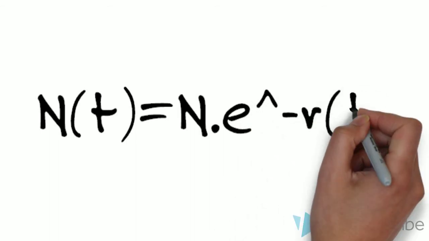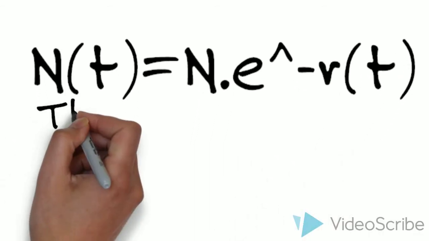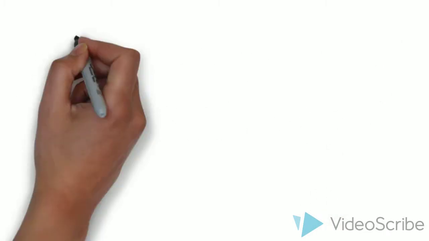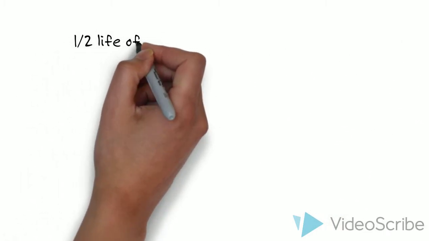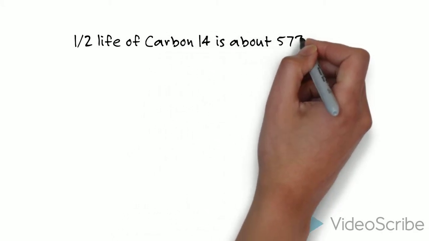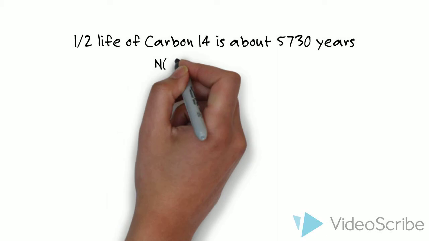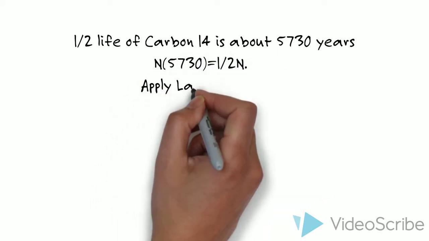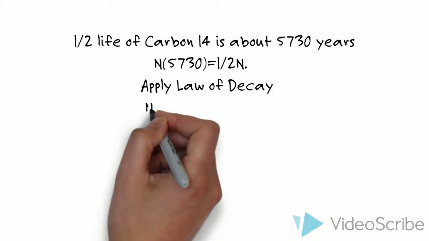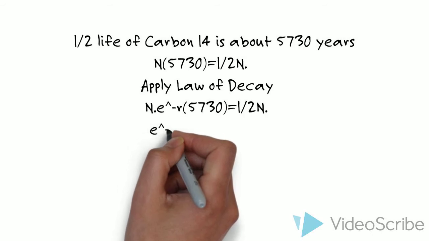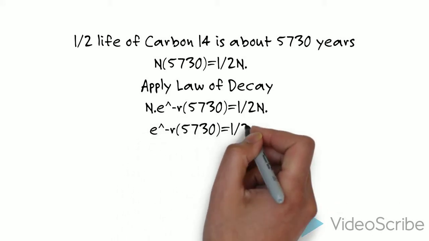So we can put this into an equation. N_t equals, here it is right here, the law of decay equation, as I call it. So we take the half-life of carbon-14, and it's about 5,730 years. So we apply the law of decay to that, and we come up with the rate of decay.